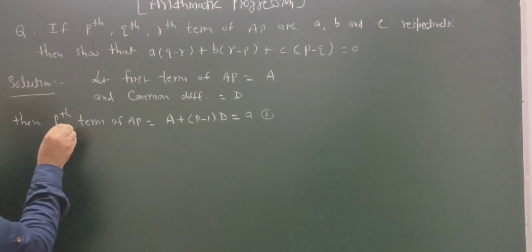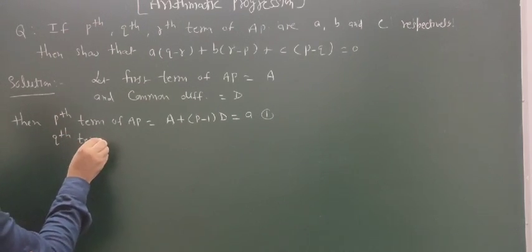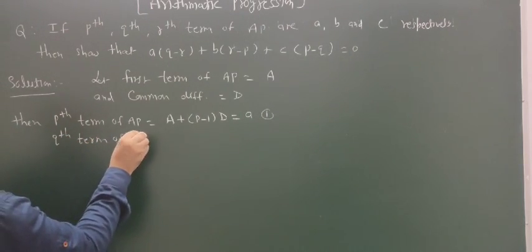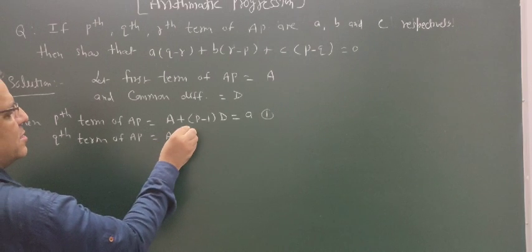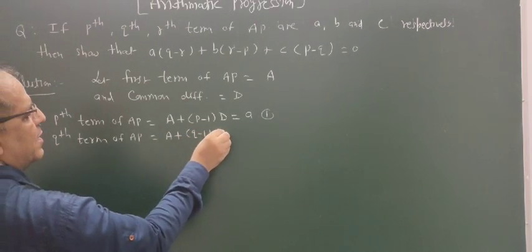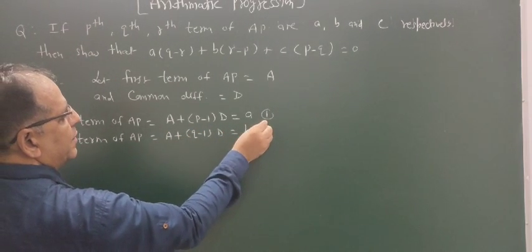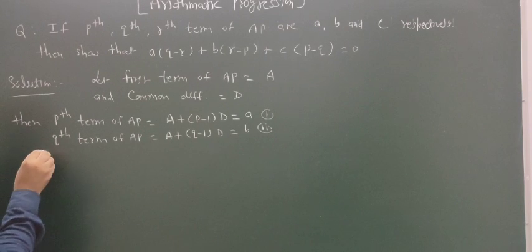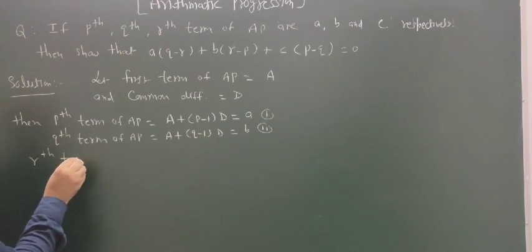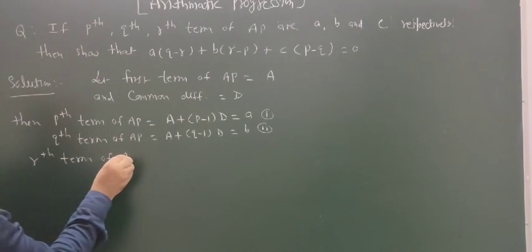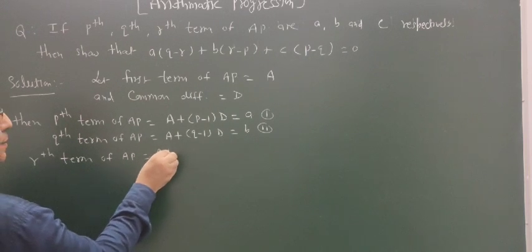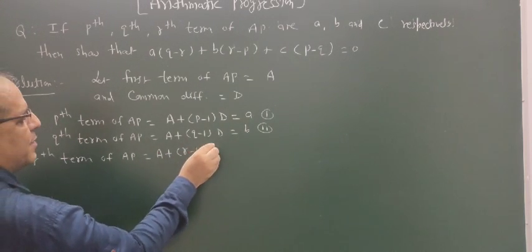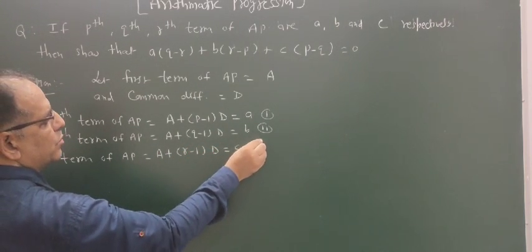The qth term of the AP is given by A plus q minus 1 D equal to b, and similarly the rth term of the AP is given by A plus r minus 1 D equal to c.